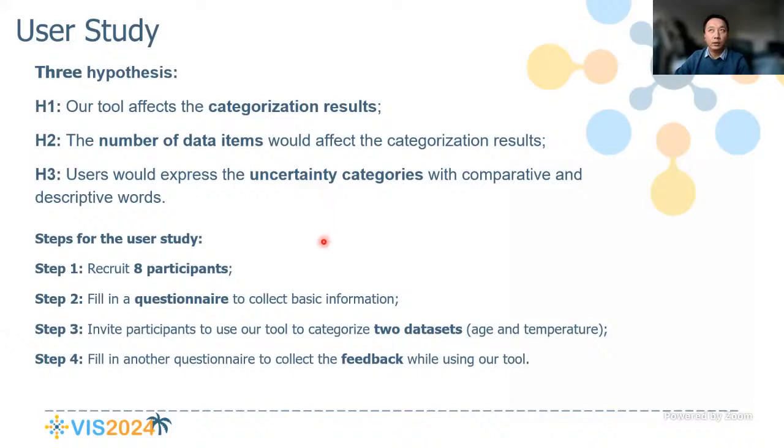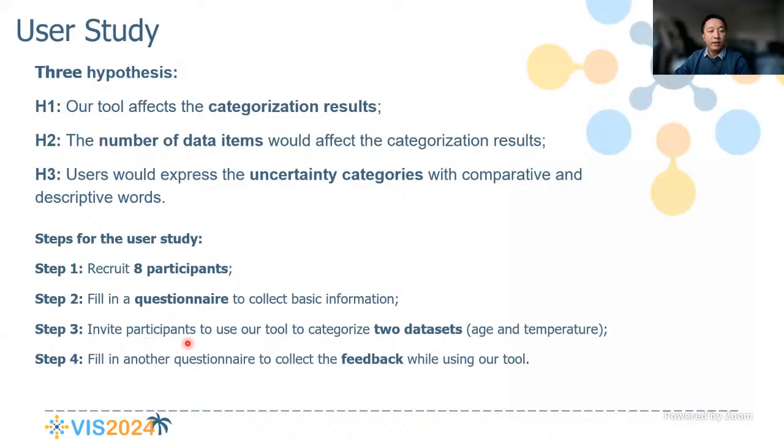To do this, we first recruited several participants in our lab and another lab. They are both PhD students or masters students. After that, we invited them to fill in a questionnaire to collect some basic information, for example, the age, the gender, and so on.